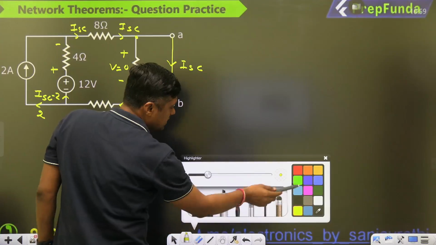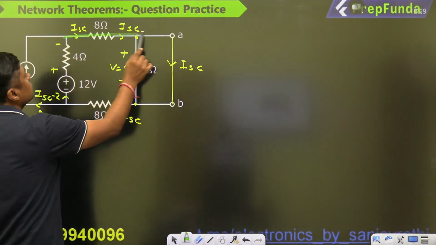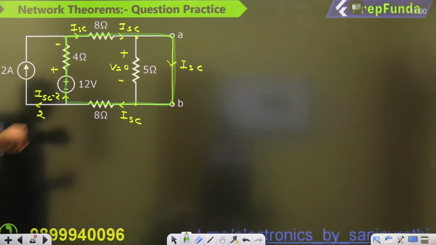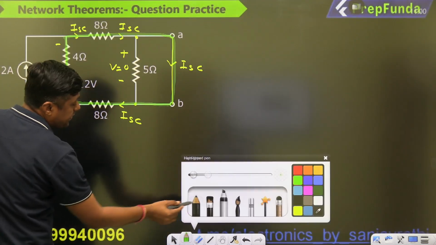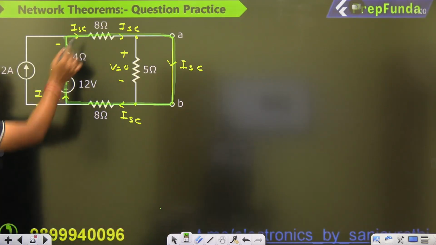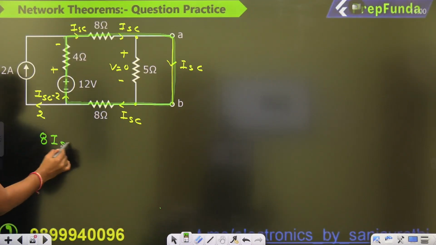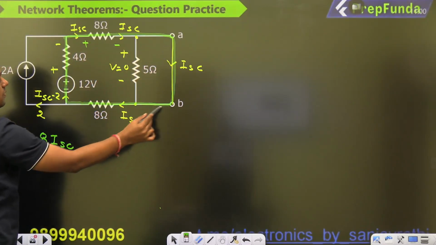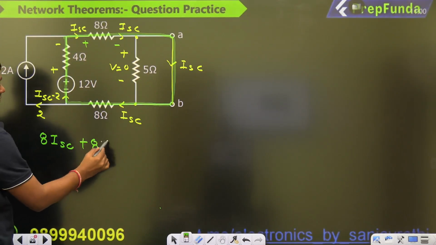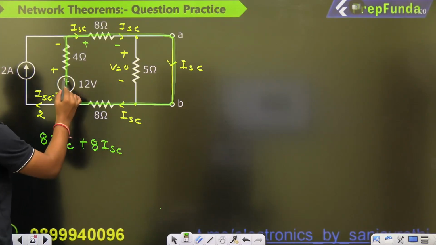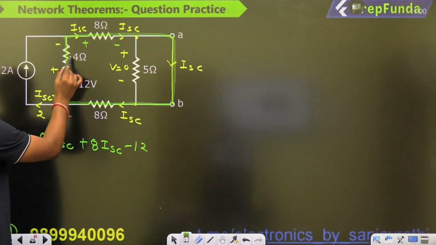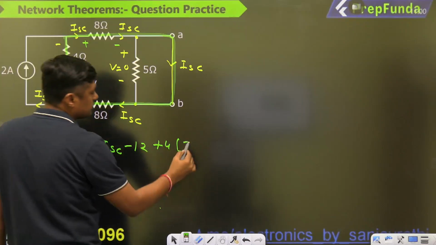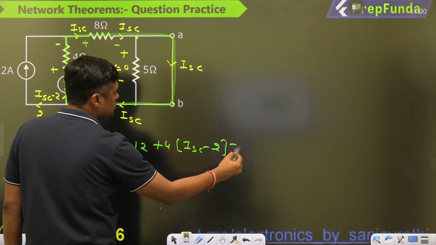To find the ISC, just write down the KVL from this point to this point and so on. Already we have applied the KCL at this point. Now, what is this? 8 times ISC. Then this is 0. 8 times ISC minus 12, plus 4 times (ISC minus 2) is equal to 0.